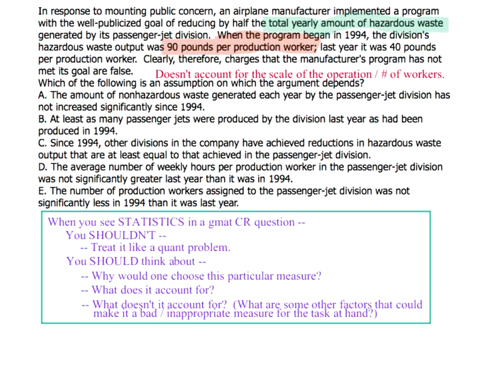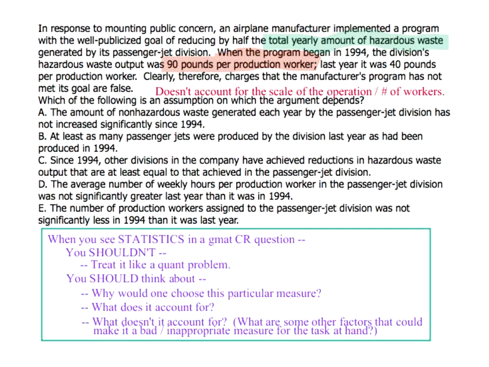So the red statistic does not account for the scale of this overall operation, but the other one, whatever color that is, turquoise, bluish-green, does depend on scale.